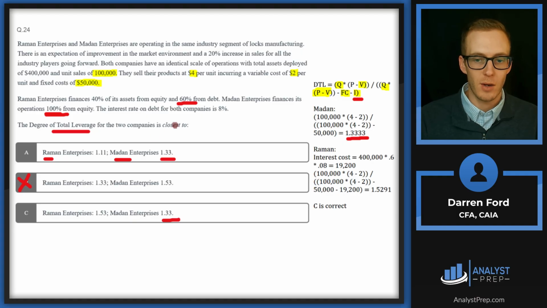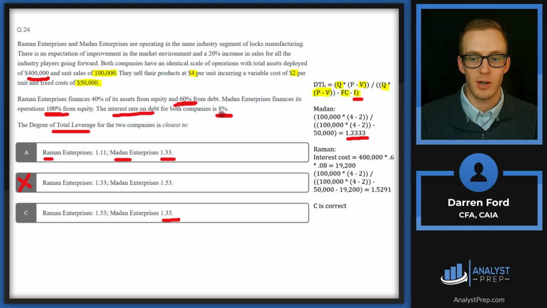And then for Raman, we need to now calculate by also including that interest cost. For Raman's interest cost, we have 400,000 in assets deployed, and they have 60% of that in debt. So we're going to do 400,000 times 60%, and then multiply by the interest rate of 8% to get our interest cost.